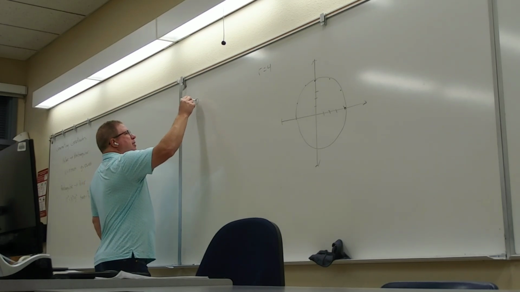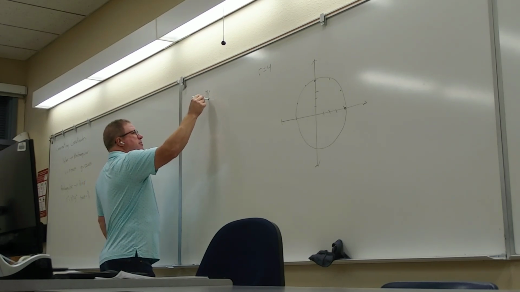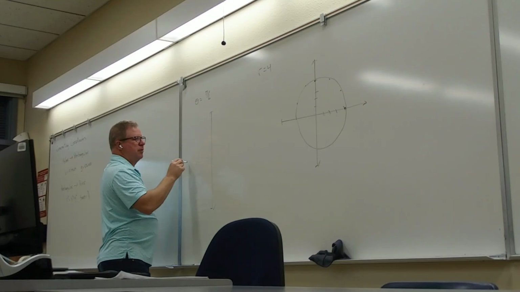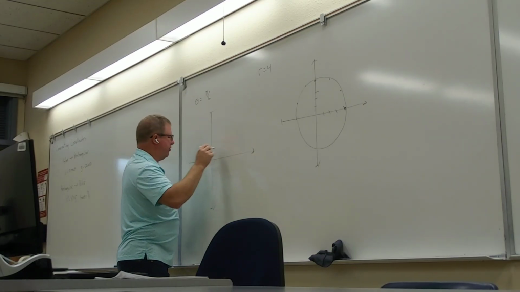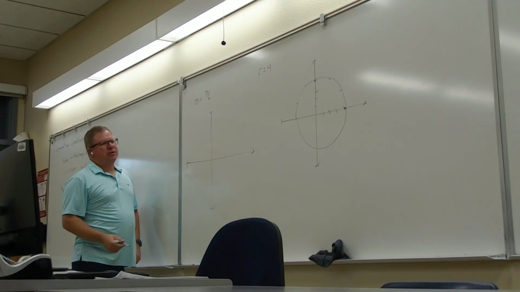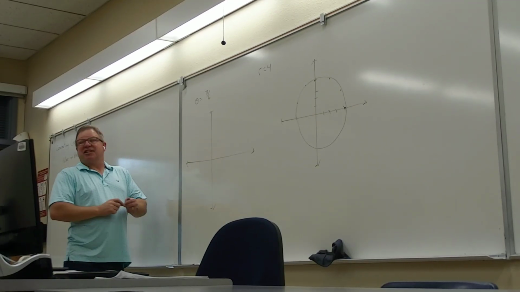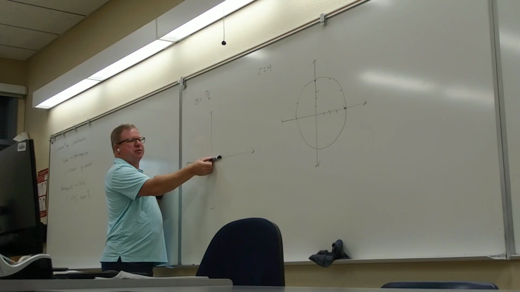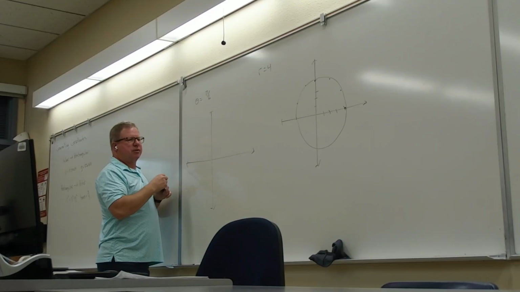What if we have theta equals pi over 6? Just a line. It's just a line, very good. So that tells us to rotate pi over 6, that's like 30 degrees. And r is not specified, so r can be anything. It can be anything on that terminal ray for pi over 6.